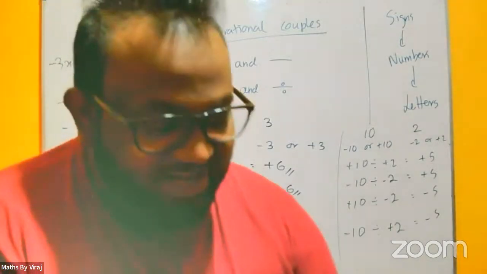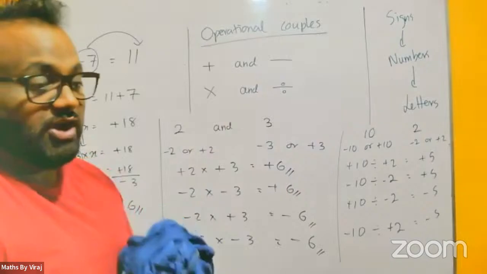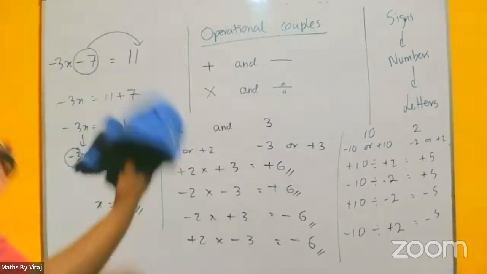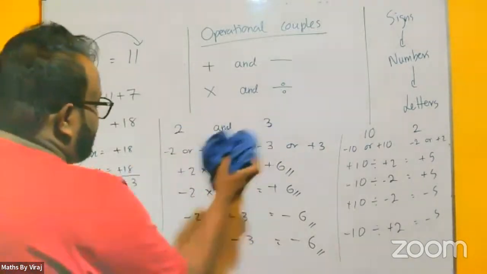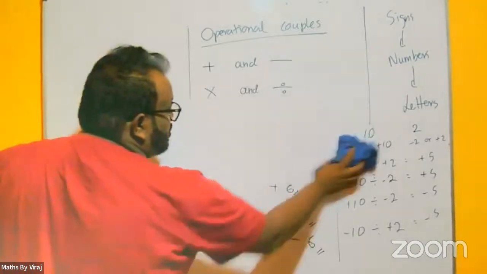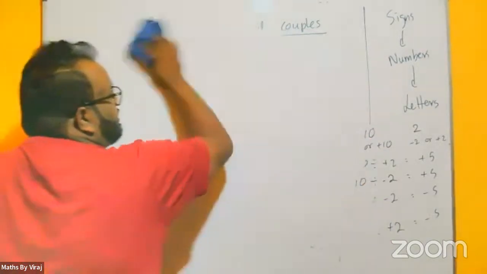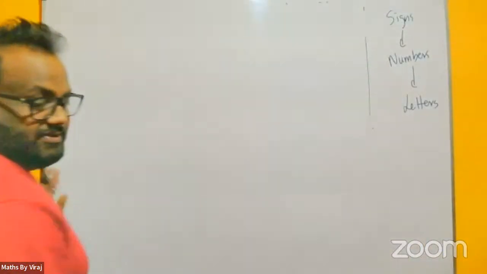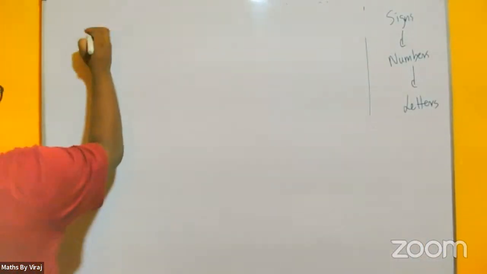Now, how do we join these calculations that we have been doing? All the theories that we have been learning so far, how do we join one to the other? Now, let's look at this. Very simple, very easy.